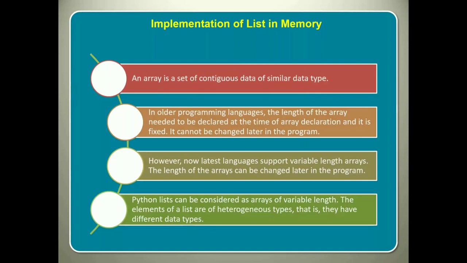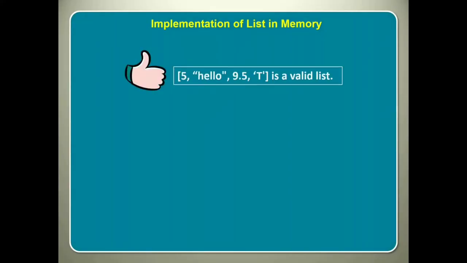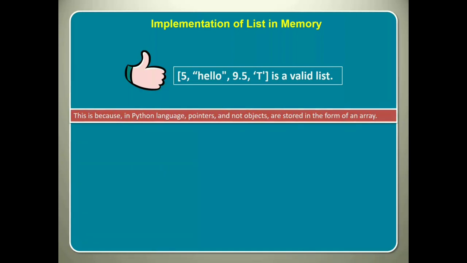The elements of a list are of heterogeneous types, that is, they have different data types. Therefore, 5, hello, 9.5, t is a valid list. This is because in Python, pointers and not objects are stored in the form of an array.